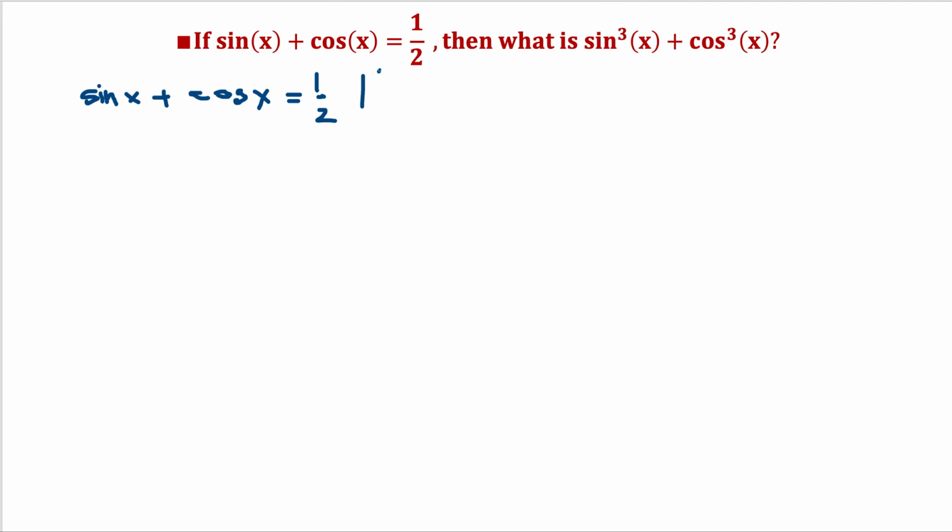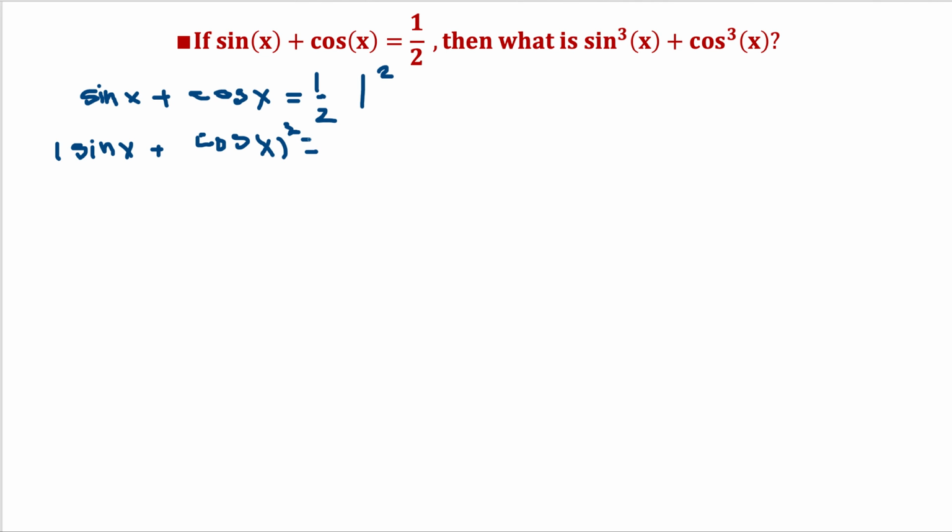If we square everything, we are going to get sine x plus cosine x, everything here in a square, on the left side.